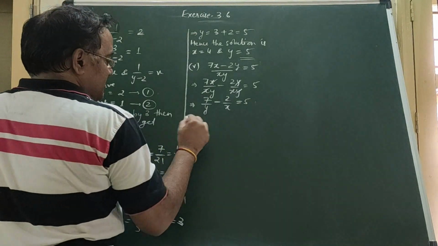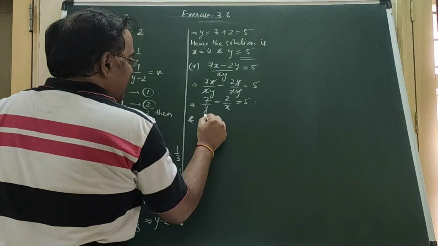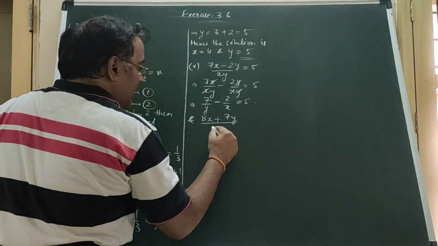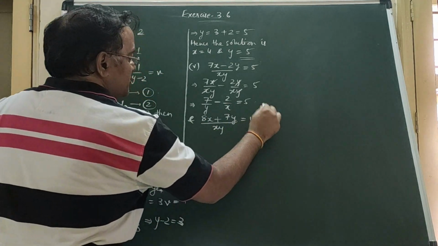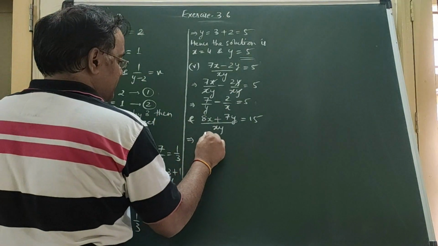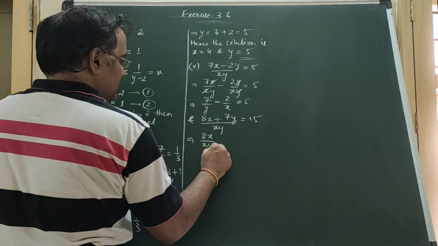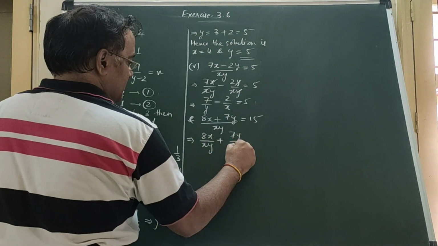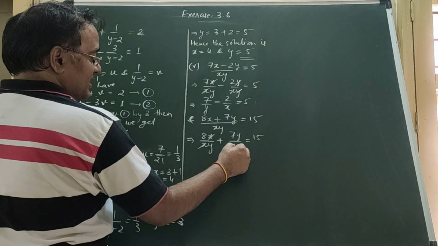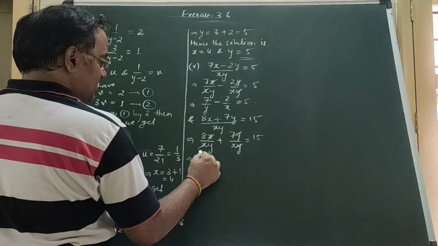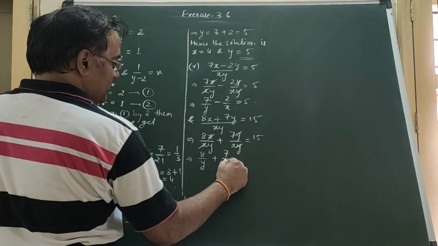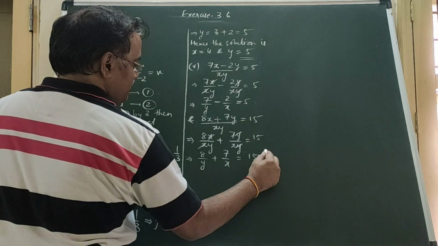No issue. And the second equation is 8x plus 7y upon xy is equals to 15. Here also we'll split the two terms. So here also x and y are cancelled. So what we are getting, 8 upon y plus 7 upon x is equals to 15.